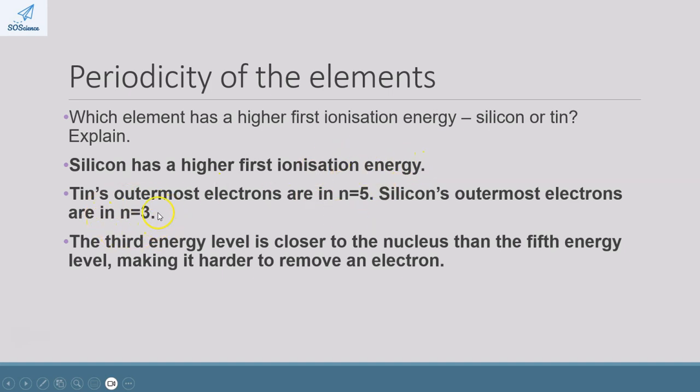The reason is that the 3rd energy level is so much closer to the nucleus. That creates a stronger electrostatic pull, being closer to a positive charge if you're negatively charged. So the mark allocation for this question would be 1, 2, 3 for mentioning the energy levels, and then explaining that being closer to the nucleus takes more energy to remove an electron.